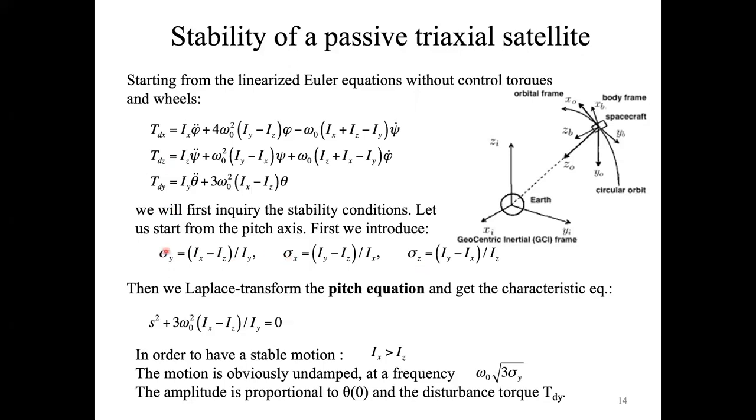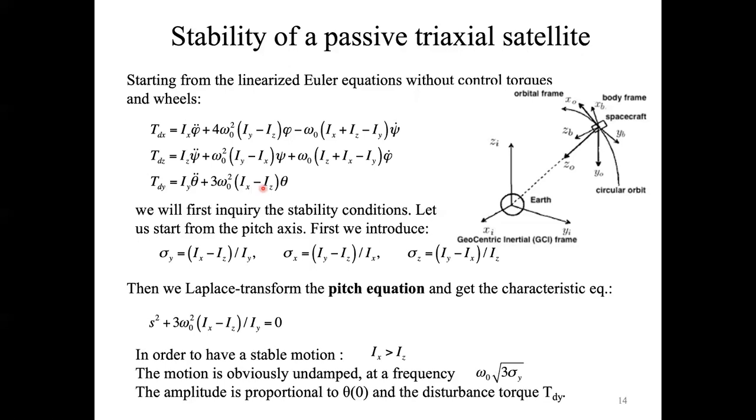These coefficients are only related to the moment of inertia of the spacecraft and will play a major role in determining the stability. As you can already understand here, the stability of the spacecraft will be driven only by the value of the moment of inertia of the spacecraft.